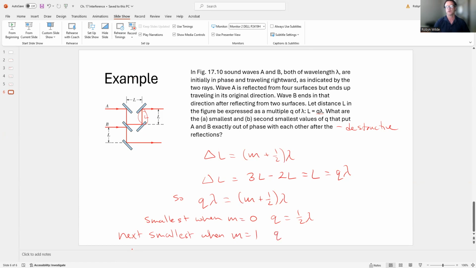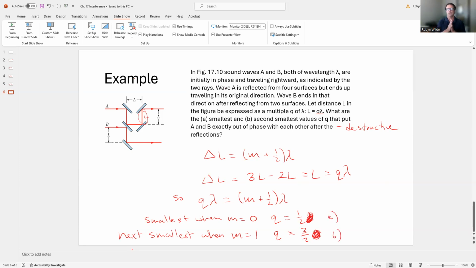And this would correspond to Q equals 3/2. Or sorry, actually, you don't need the lambdas here, right? It's just 3/2 and 1/2, because it's telling me that that's the multiple of lambda that I need. So this is the answer for A, and this is the answer for B.